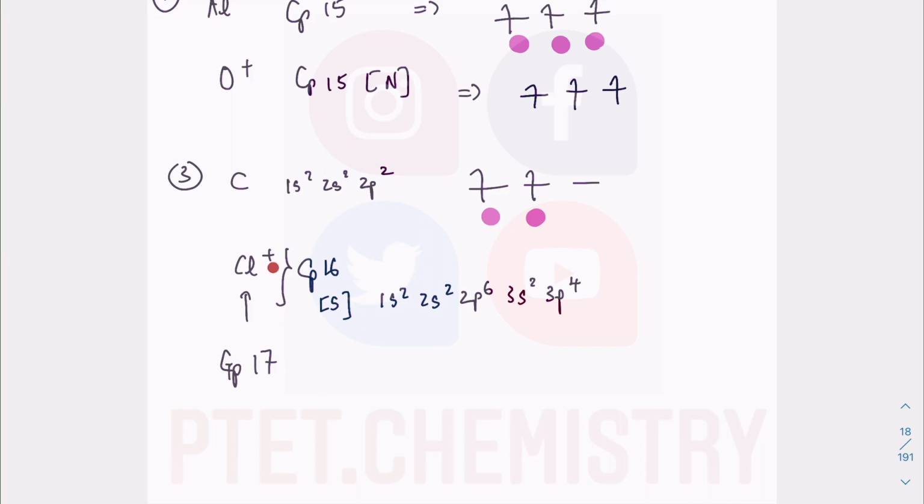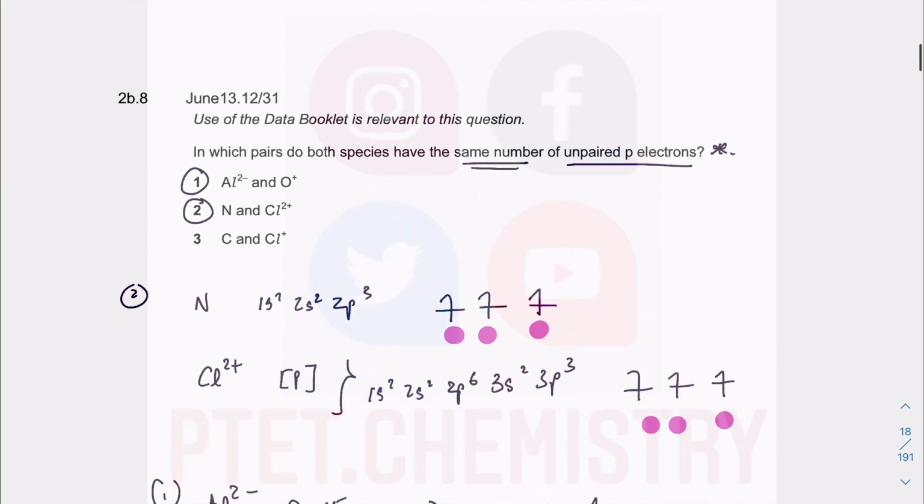That's what you get after group 17 loses 1 electron. 3p4, 1, 2, 3, fill with parallel spin, then pair them up. How many unpaired electrons do you have in the p orbital? You've got 2, which is the same here. Alright. So you also have the same number of unpaired p electrons for number 3. All 3 are correct.